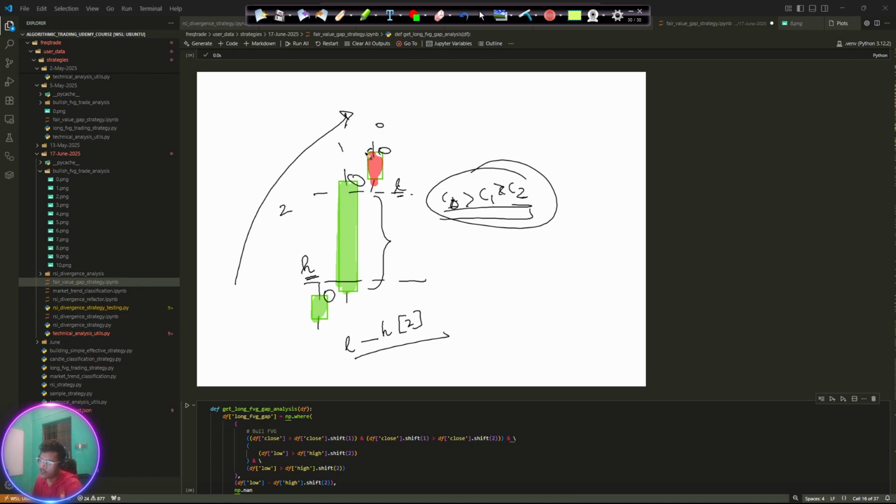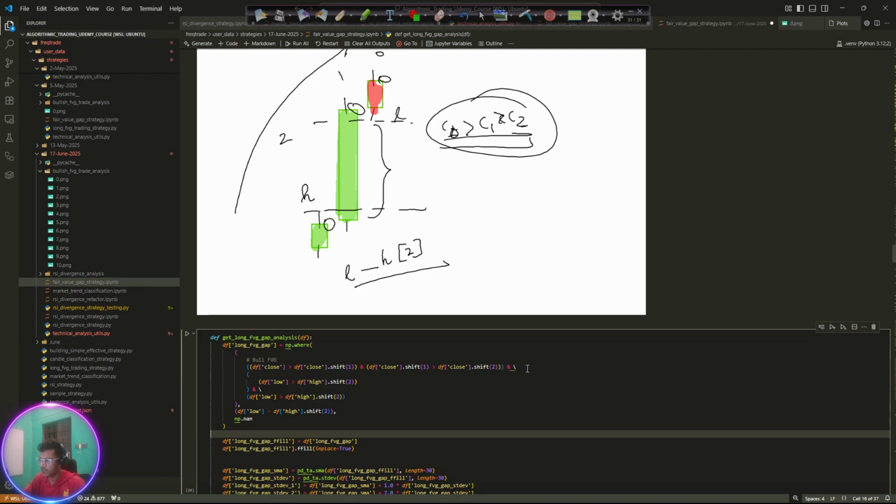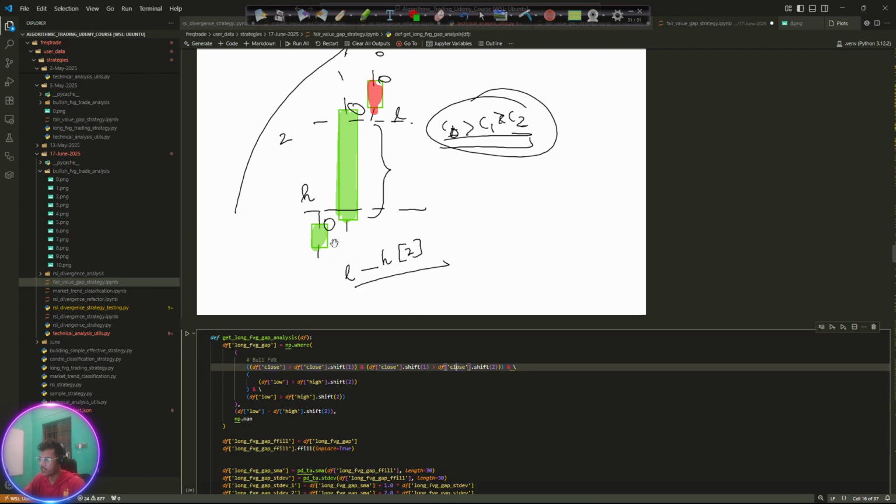And this can be green, red, doesn't matter. This can also be green or red, doesn't matter. This should be very big. Okay, this should be close. So let me do that. I don't need this. The previous close should be greater than this one. Okay, so that is good.